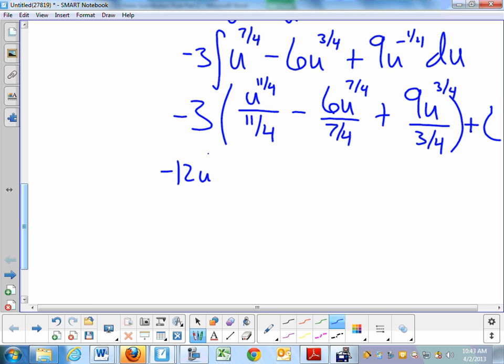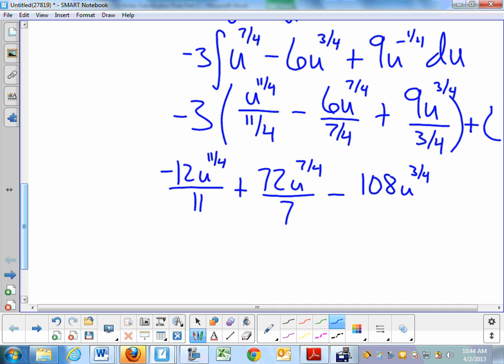So it'll be negative 12 u to the 11/4 over 11, plus, let's see, 4 on top, so it'll be 24 times 3, 72 u to the 7/4 over 7, minus 4 times 9 is 36, and 36 times 3 is 108 over 3, plus c.